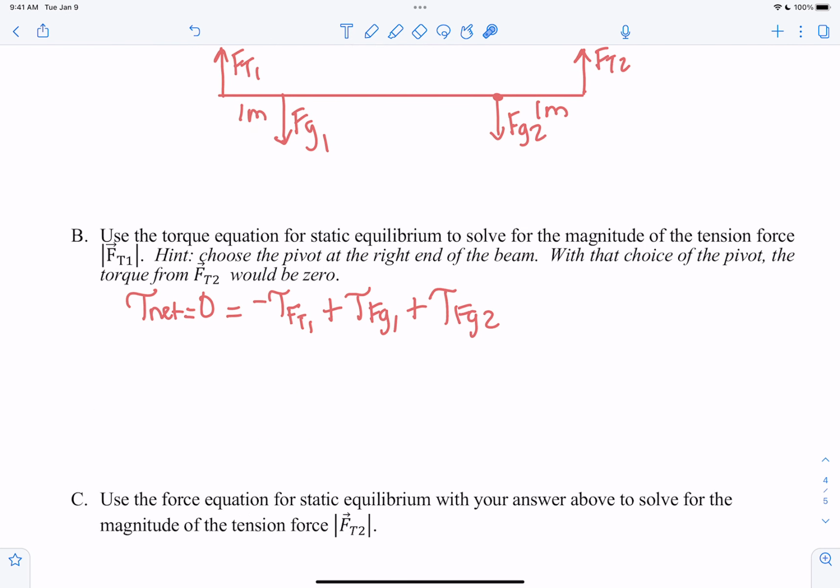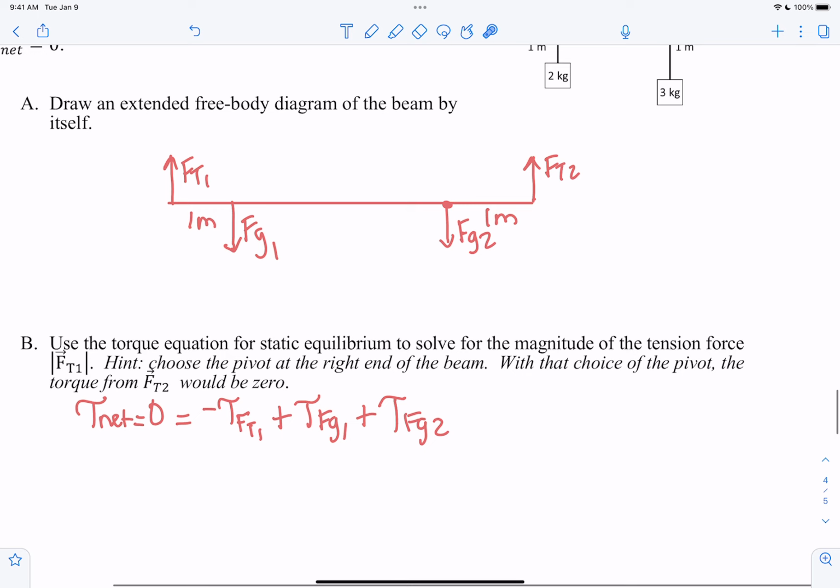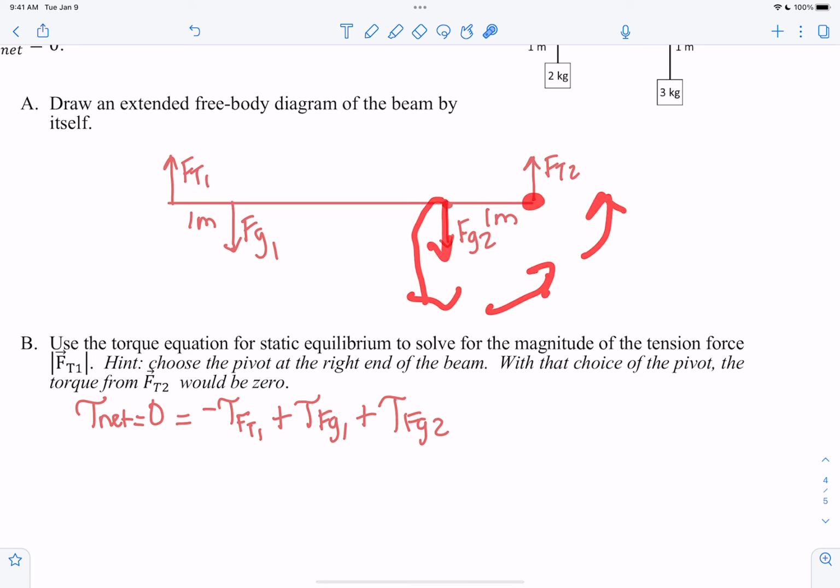Counterclockwise is positive, clockwise is negative. Fg2 would still be going counterclockwise, I'm pretty sure, because if this is your pivot here, it would be pulling it down like that, counterclockwise.